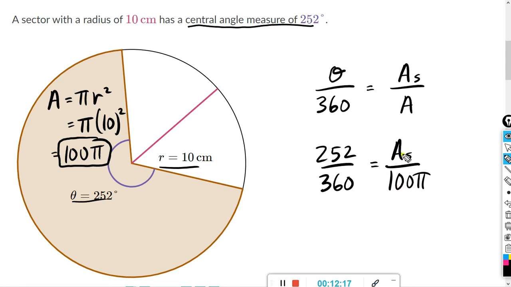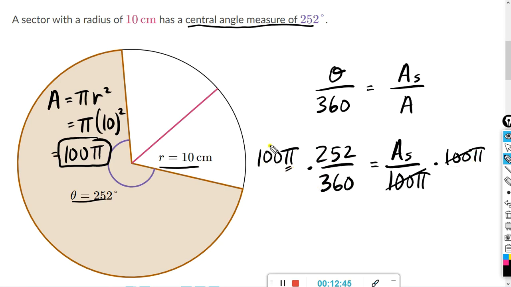All right, solving for the area of the sector, I'm going to multiply both sides by 100 pi. And on the right-hand side, it cancels. On the left-hand side, let's see. All right, so this one, I just did it on the calculator without reducing the fraction. Okay, I just leave the pi alone.